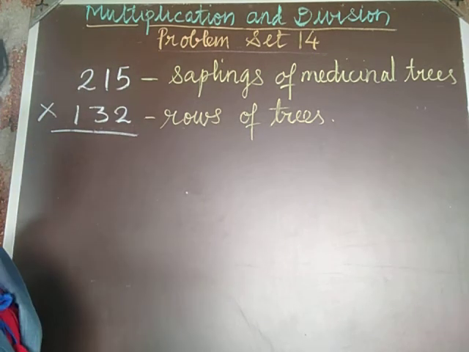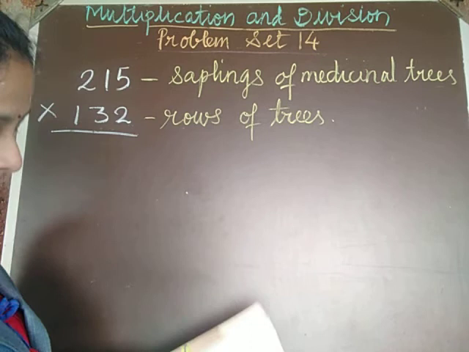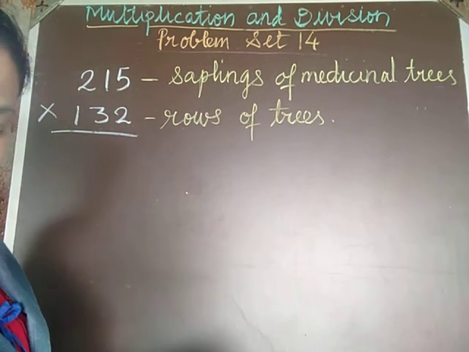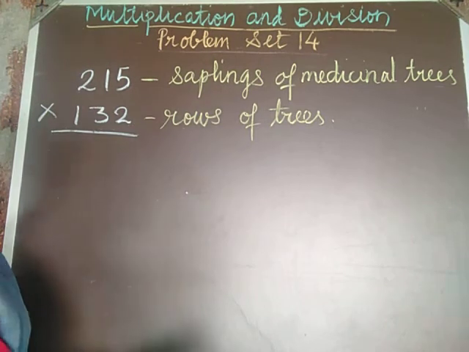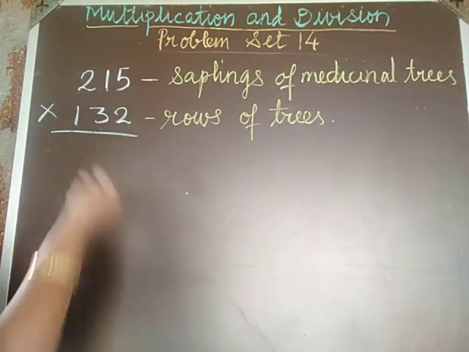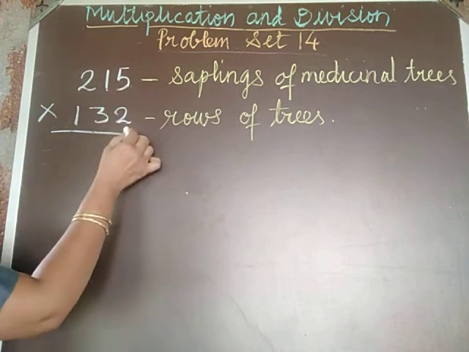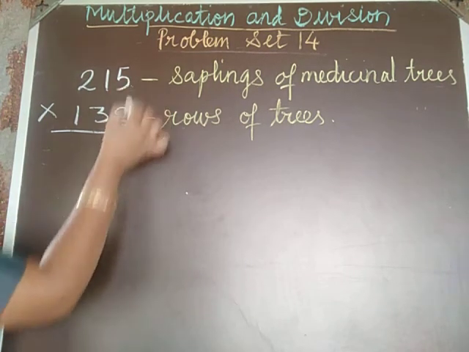Let's then find out the total answer, how many saplings were there altogether. So let's start this problem now. You can say the table of 2 or the table of 5, anything. 2 5s are 10, or 5 2s are 10.